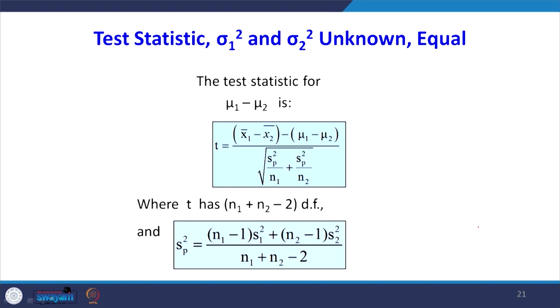The test statistic for mu1 minus mu2: previously we used z, now we are using t, which is x1 bar minus x2 bar minus (mu1 minus mu2), divided by root of sp square by n1 plus sp square by n2. Since sp square is the same, that pooled variance is n1 minus 1 s1 square plus n2 minus 1 s2 square divided by n1 plus n2 minus 2. You see that the degrees of freedom here is n1 plus n2 minus 2.